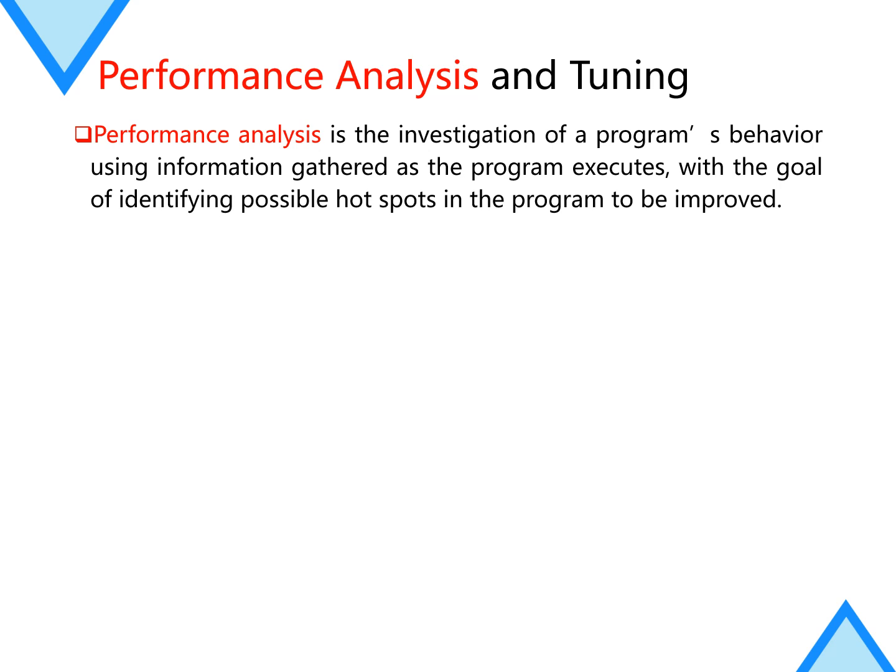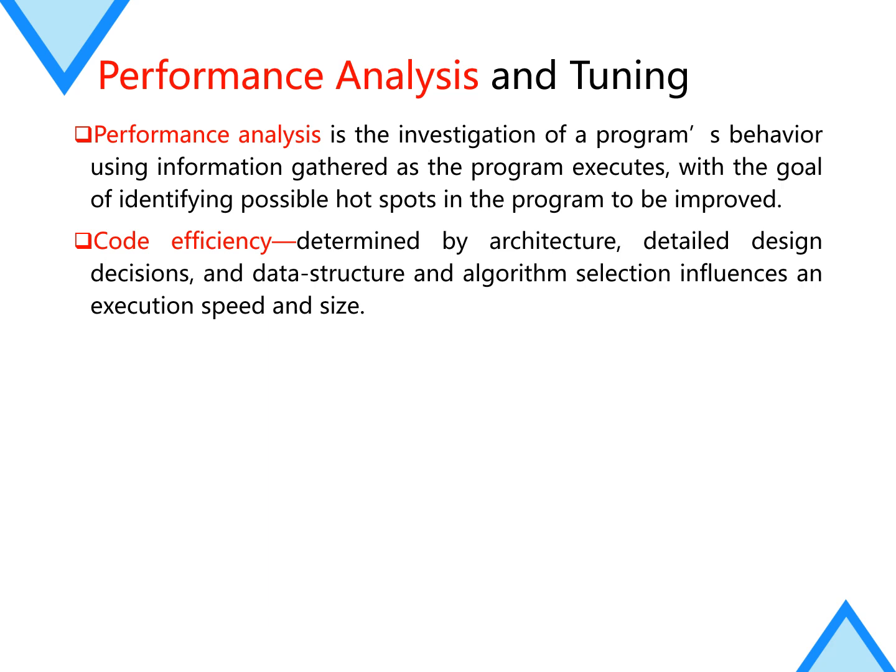So in performance analysis, usually we will talk about further improvement in the program. One of the techniques of performance analysis is code efficiency. We will think about efficiency from different perspectives, from design, from requirements.